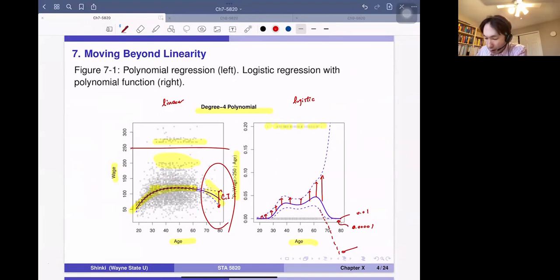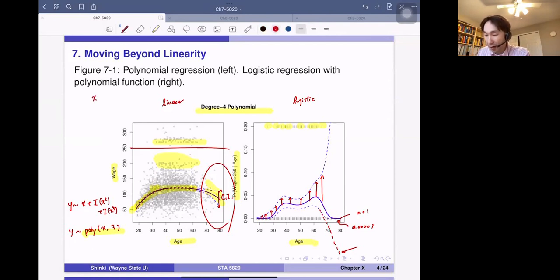In R, one way to fit this is y on x and I of x squared, which is a little strange code, plus I of x cubed and so on. That is one way. The other way is y on poly of x, and maybe 3 in this case. If we use this one, we choose a slightly different basis. We still use the same terms, the linear, quadratic and cubic terms, but those terms are adjusted, not just x, x squared and x cubed.